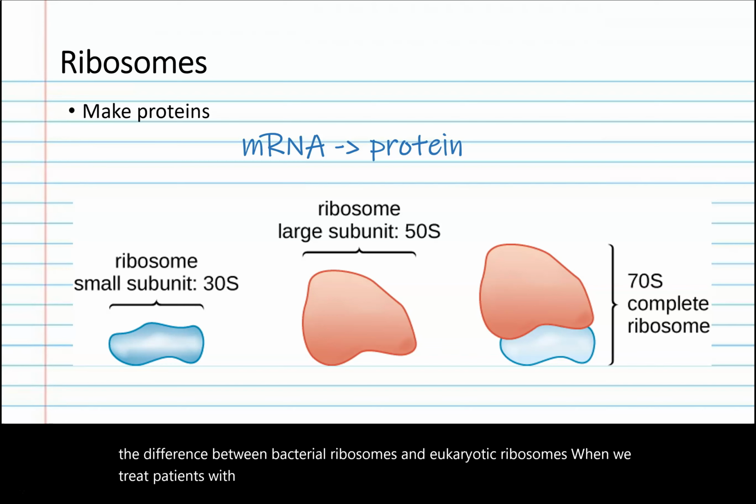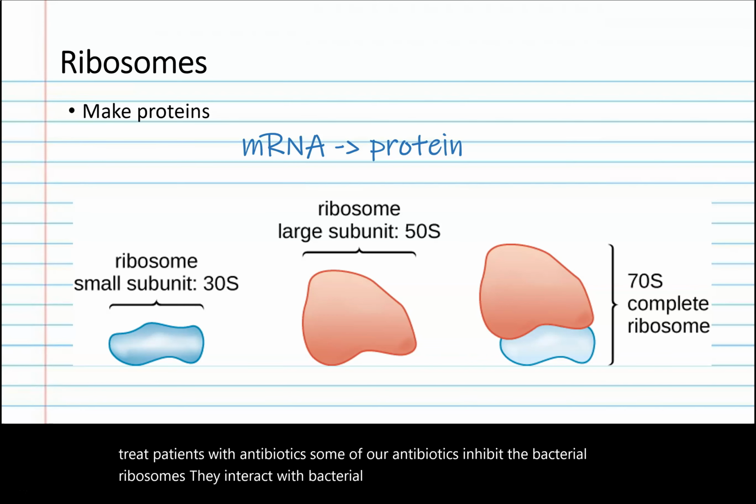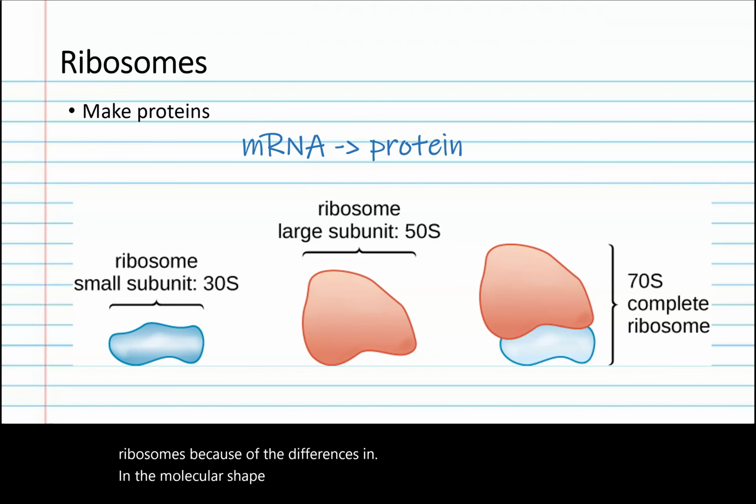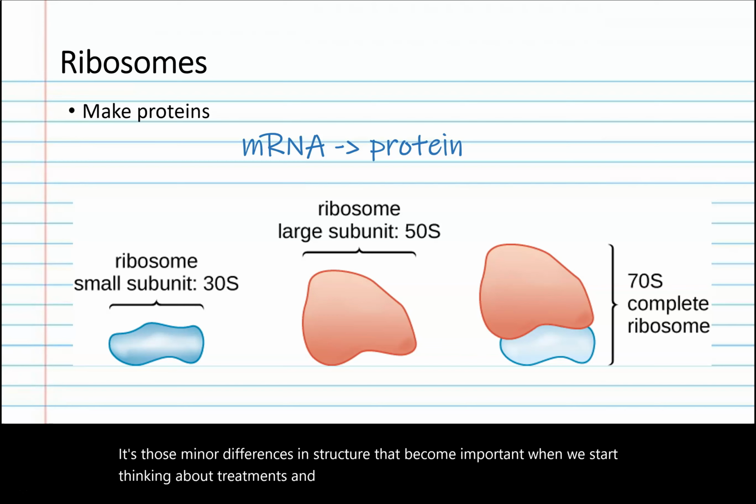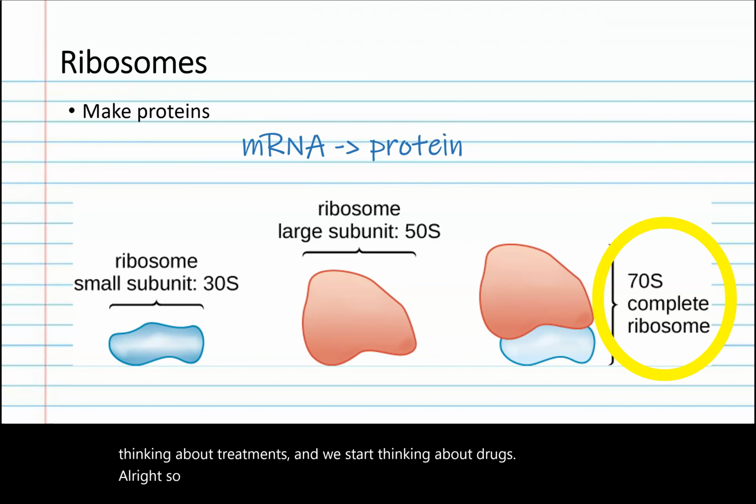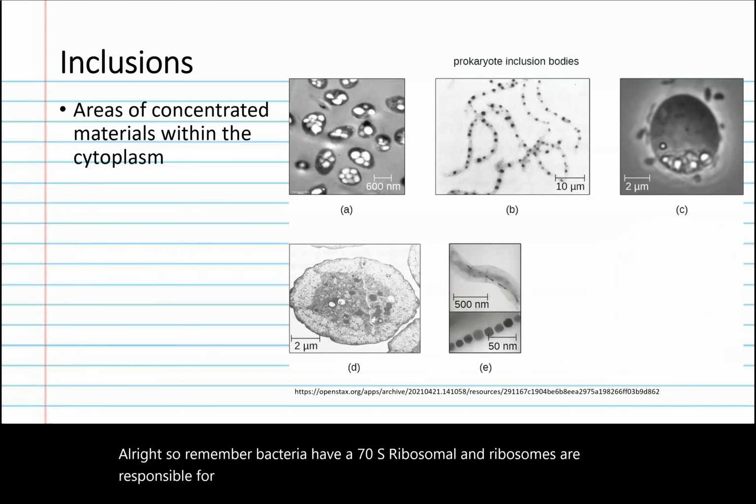Some of our antibiotics inhibit the bacterial ribosomes. They interact with bacterial ribosomes, but don't affect our own ribosomes because of the differences in the molecular shape, right? So it's those minor differences in structure that become important when we start thinking about treatments and we start thinking about drugs. All right, so remember, bacteria have a 70S ribosome, and ribosomes are responsible for making proteins.